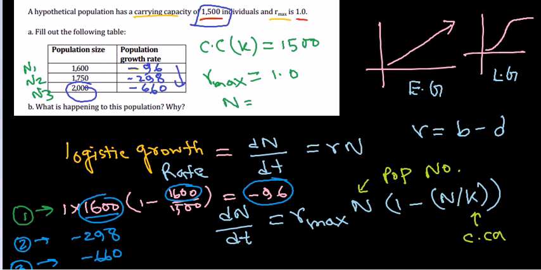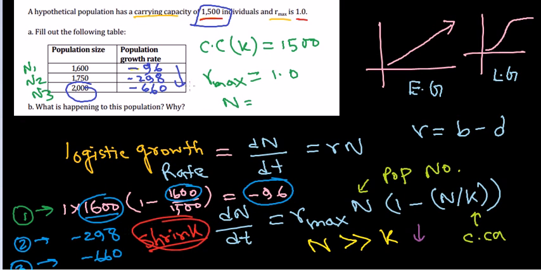So by solving this problem, we get a very basic fundamental principle of population: if the population size, that is capital N, is greater than the carrying capacity, then the population will shrink. Remember, the population will shrink. And that's what's happening in this case, right?